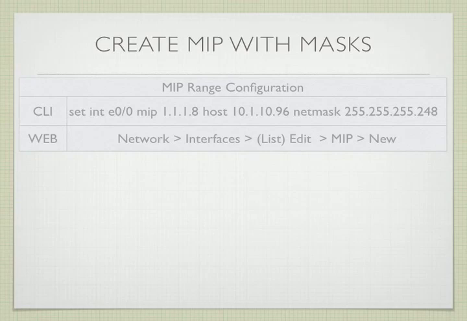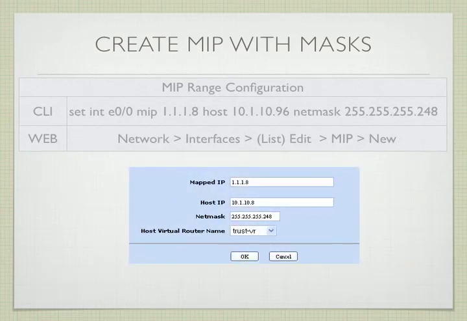In the interface to create the MIP, we just change the mask from 255.255.255.255 to 248 in the last octet, and it will spin up the entire range.